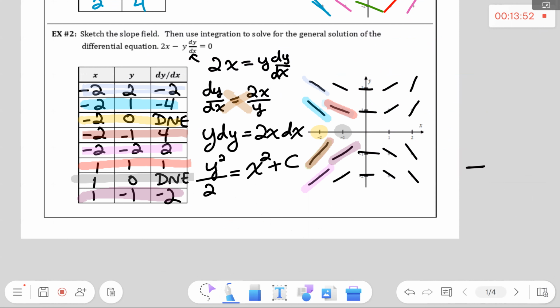And then we get y squared by itself, so it'd be y squared equals 2x squared plus c2. We haven't done that, it's okay, we've talked about that.